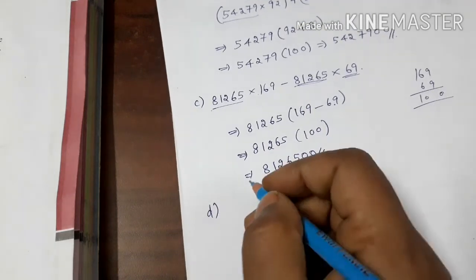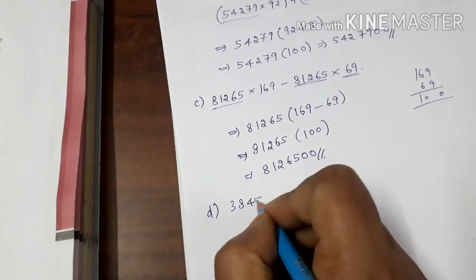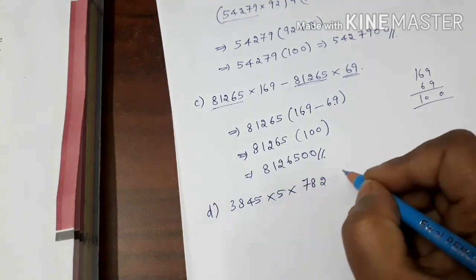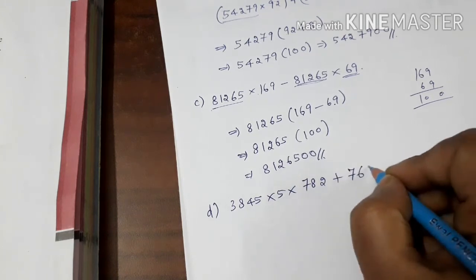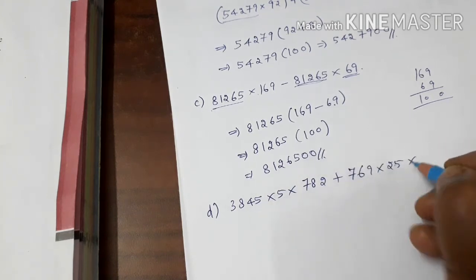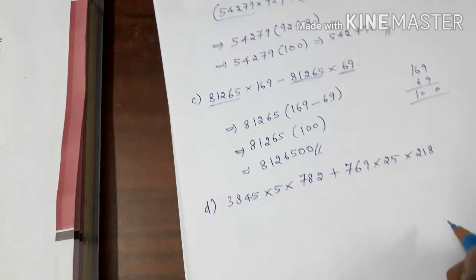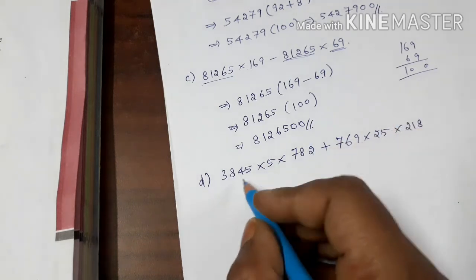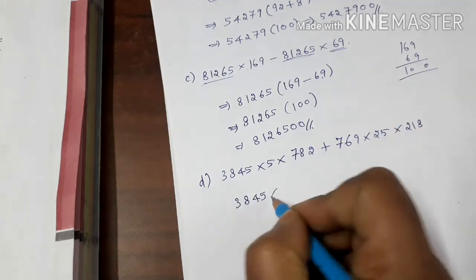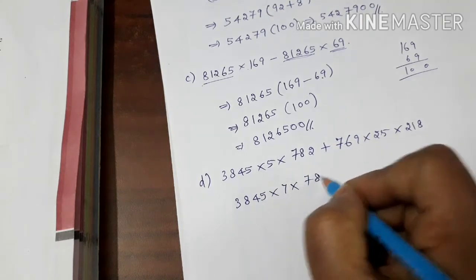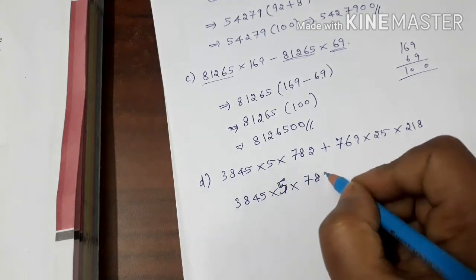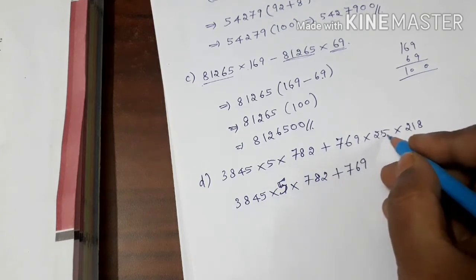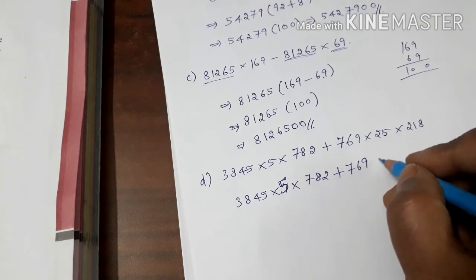Next D sum: 3845 into 5 into 782 plus 769 into 25 into 218. Here there are no common terms yet, but we can split the 25 into 5 into 5.